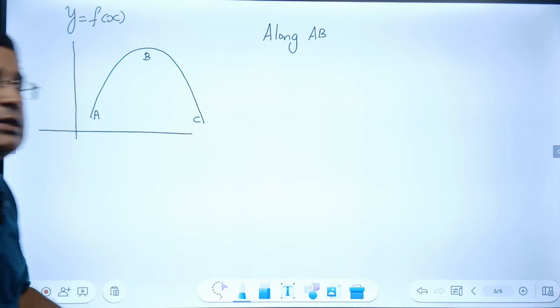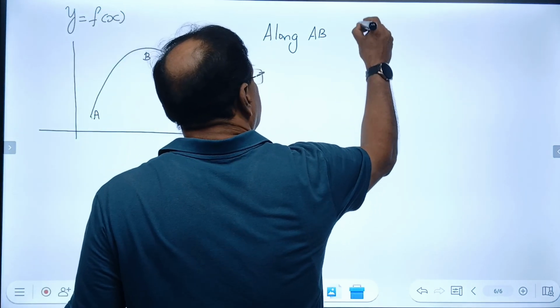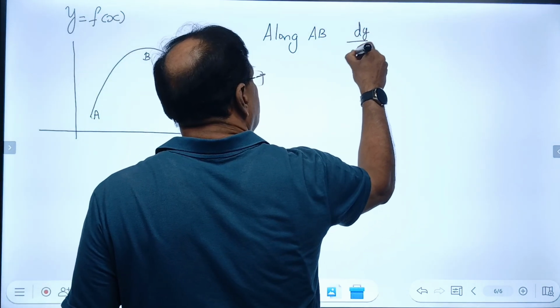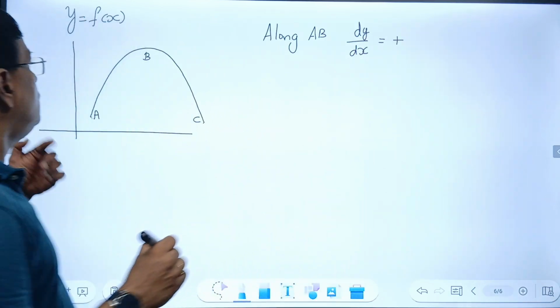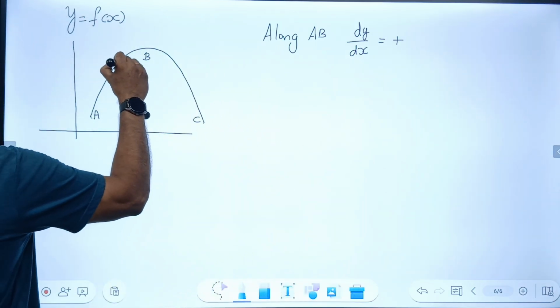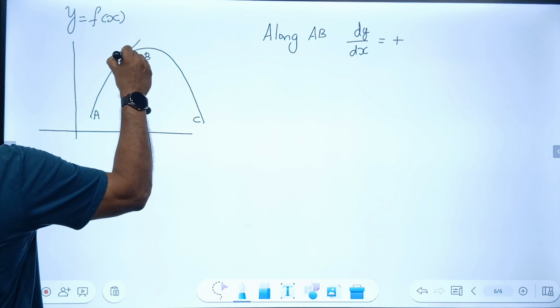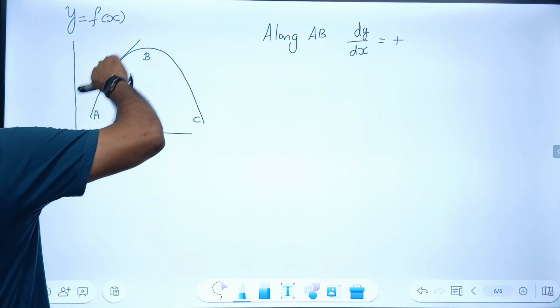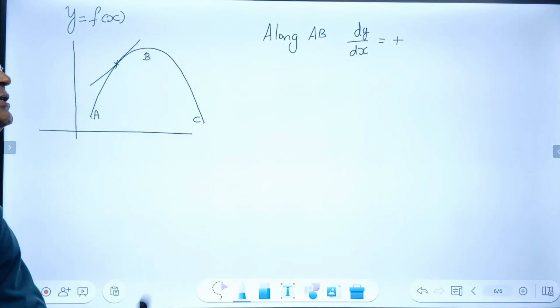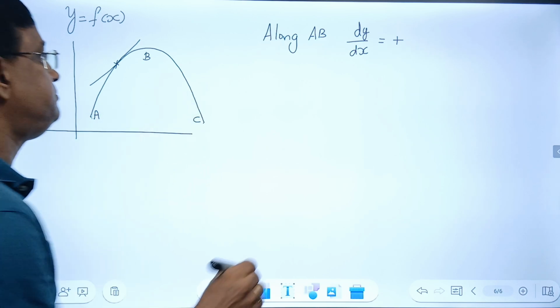If the function is increasing, definitely your dy by dx is going to be positive, because for an increasing function, the derivative is always positive, since the tangent makes an acute angle with the positive direction of x-axis. So from A to B, it's always increasing, so dy by dx is positive.